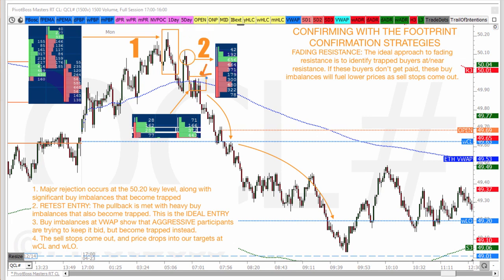So now larger passive sellers are defending value and absorbing these buy imbalances, and that's the point where this thing melts, because that's the last line of defense.